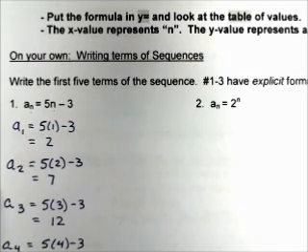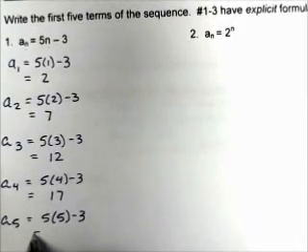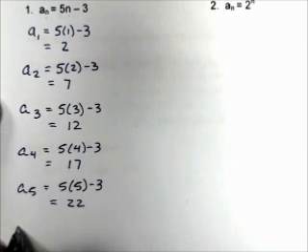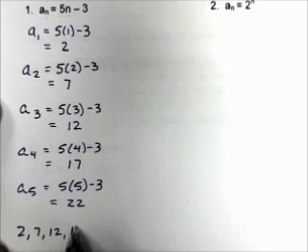And a sub 5, our fifth term, would be 5 times 5, which is 25, subtract 3 is 22. The first 5 terms are 2, 7, 12, 17, and 22.